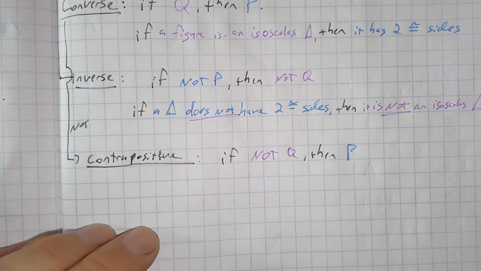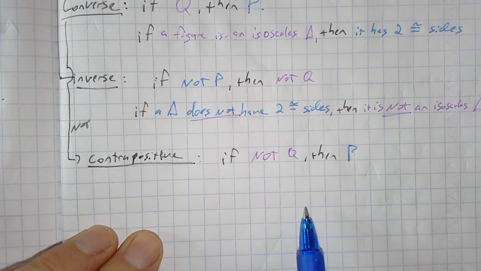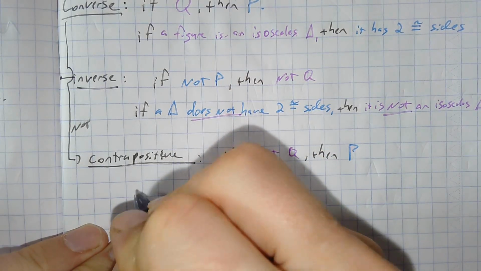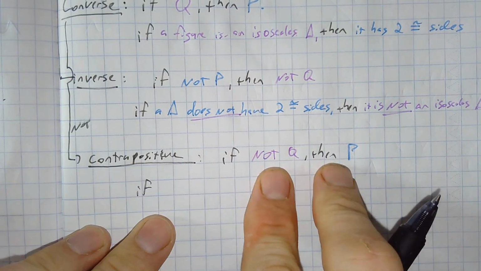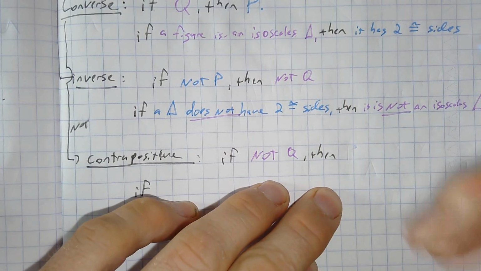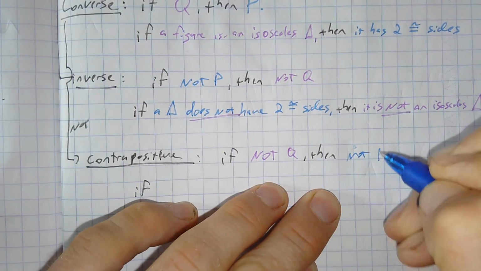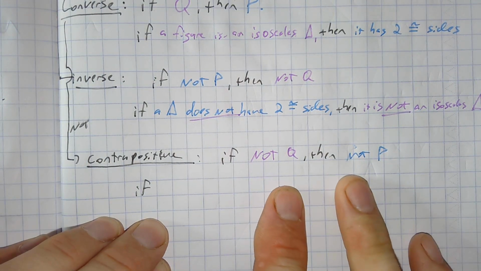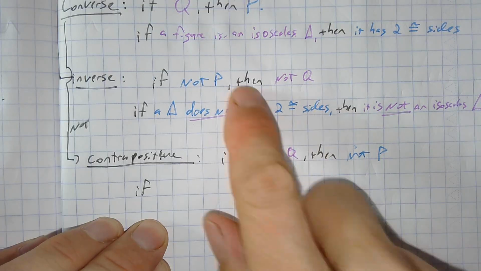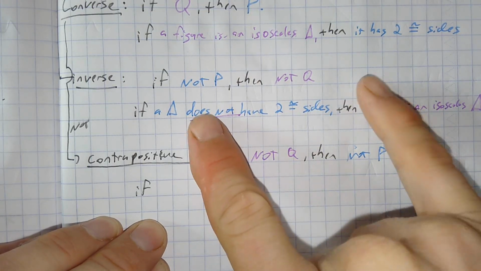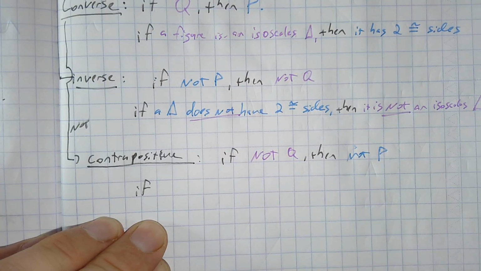Okay, maybe I can make a table here to help you remember this stuff. All right, so excuse me, this should be then not P. Okay, so I'm changing the P's and the Q's spots, right? It's just going to be these, but flopped, okay?